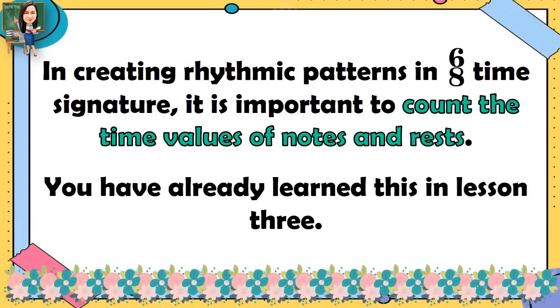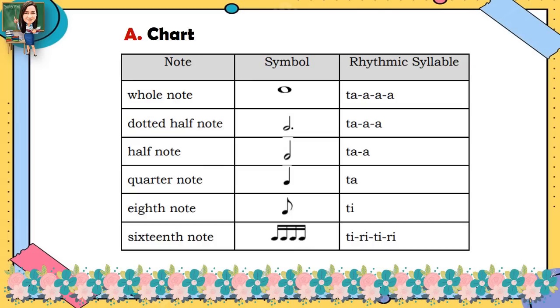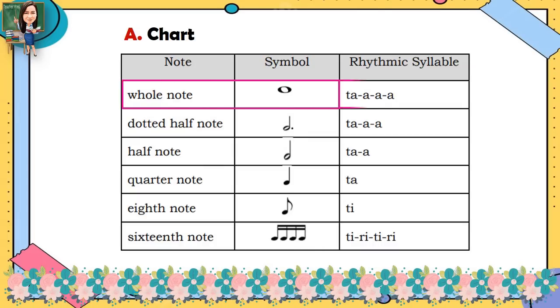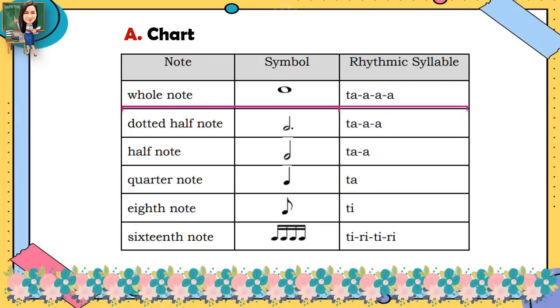You have already learned this in Lesson 3. We learned about the chart. This is the chart. In the first column, we have the notes, their symbol in the second column, and the rhythmic syllable in the third column. For the whole note, the rhythmic syllable is ta, a, a.